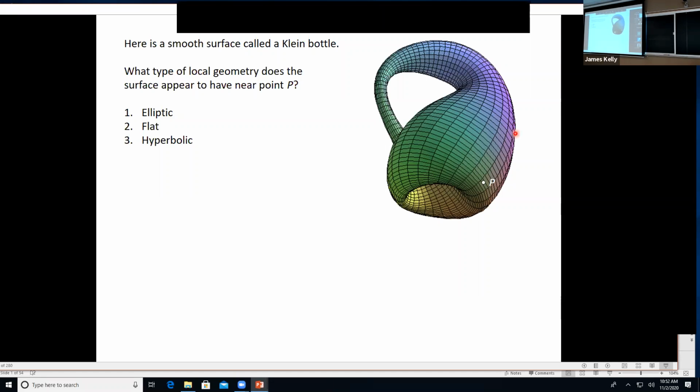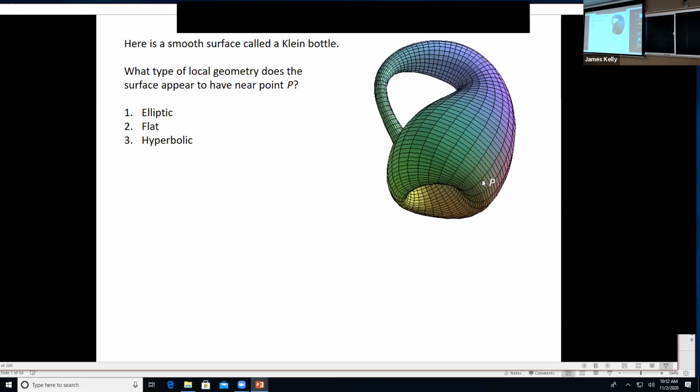You might think, well, maybe I put this at a confusing point. What if I move the point up here where I'm pointing right now? What do you think about there? More spherical or more Pringle potato chip? It looks over here clearly spherical.